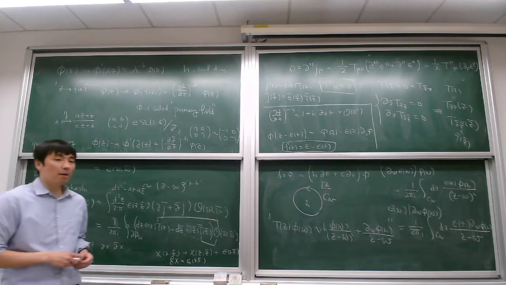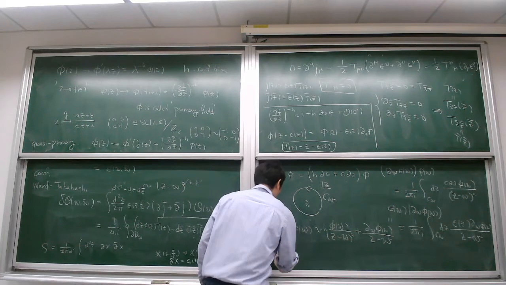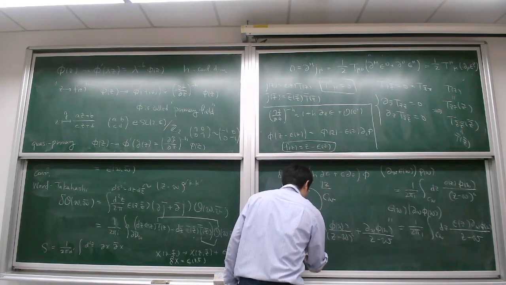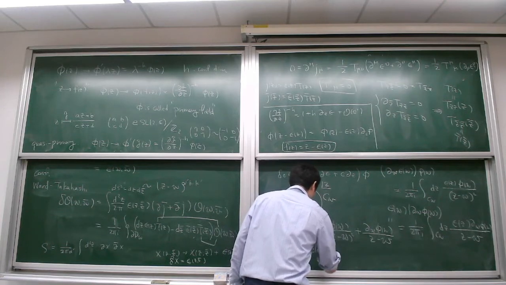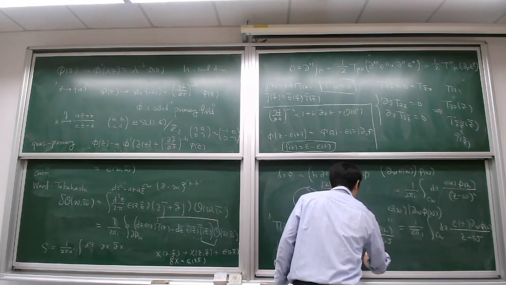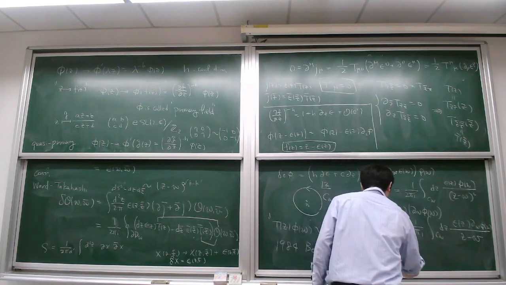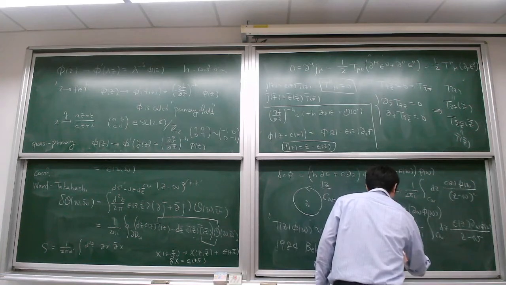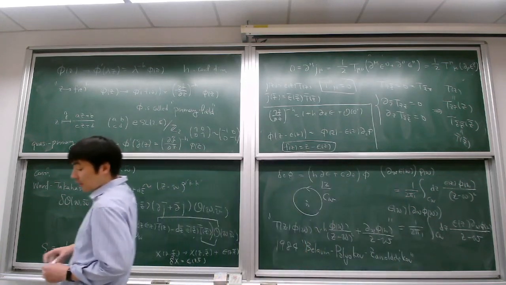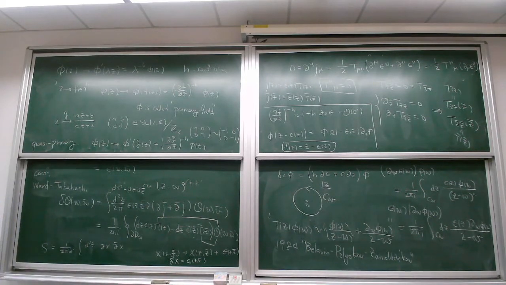So one can apply the Ward-Takahashi identity in the correlation function. This was done by a very famous paper, 1984, by Belavin, Polyakov and Zamolodchikov. It's a very famous paper. It's the birth of 2D conformal theory.